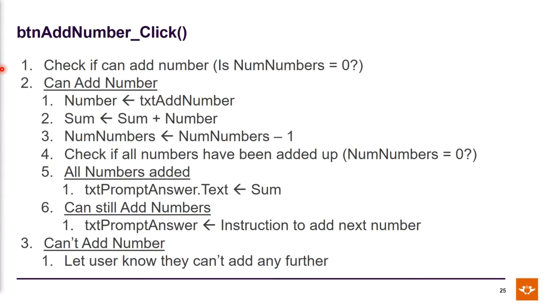When I go to the second text box, put in the value 10, and press the button, I add this number. What happens is it checks, is this number 0 or not? The reason it checks is that if num numbers is 0 at this point, it would mean that it has already added all the numbers. You cannot add any more numbers at this point.